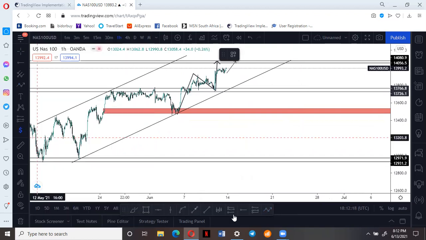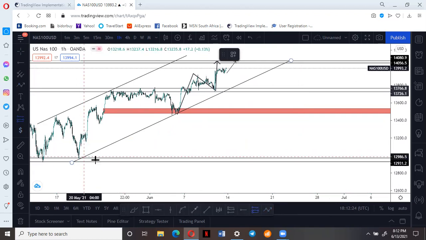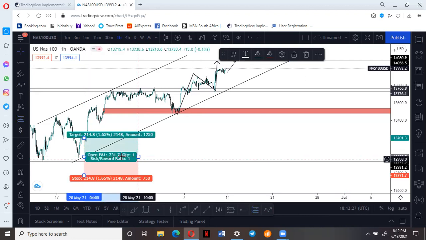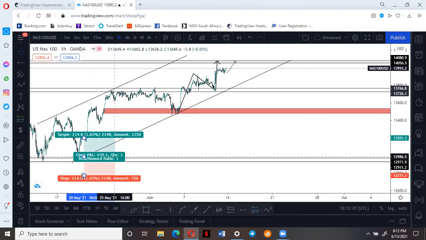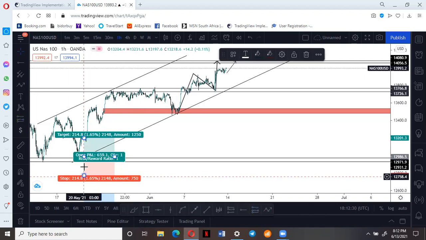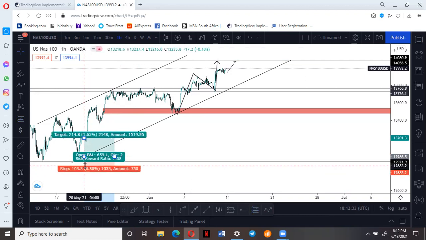It's kind of obvious because here it was a major supply zone, right? The zone was here, and if you entered there, the stop loss would be below there. So it doesn't matter how much you target.